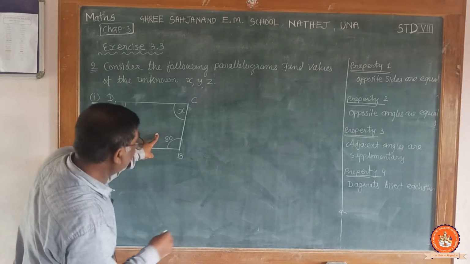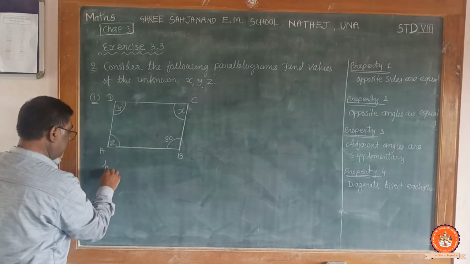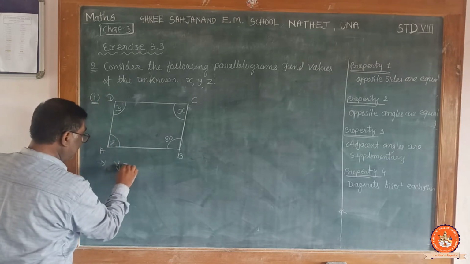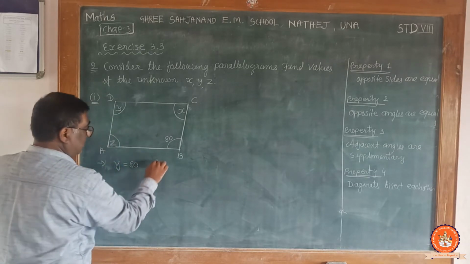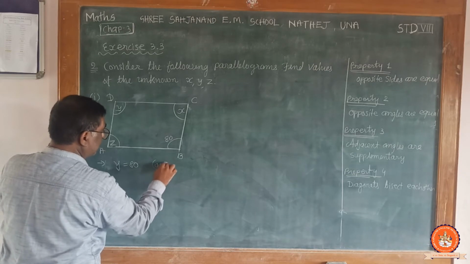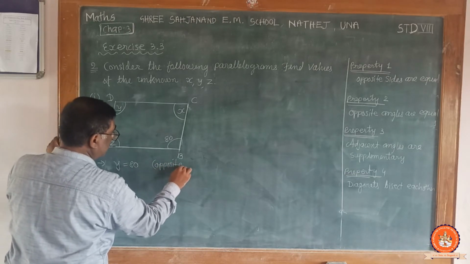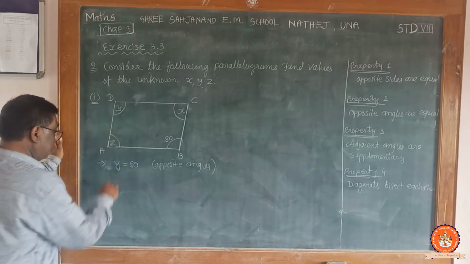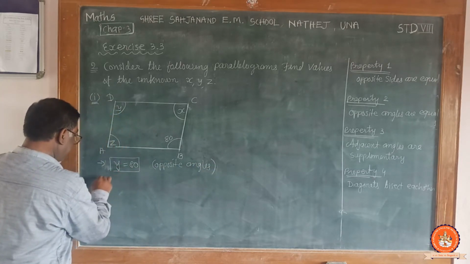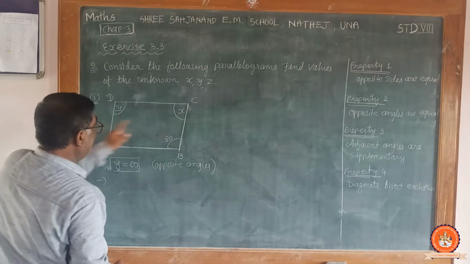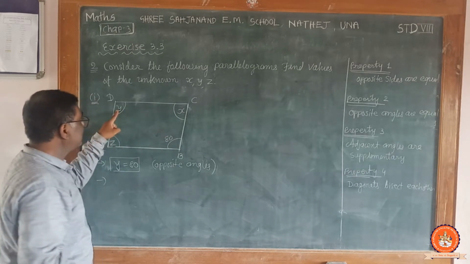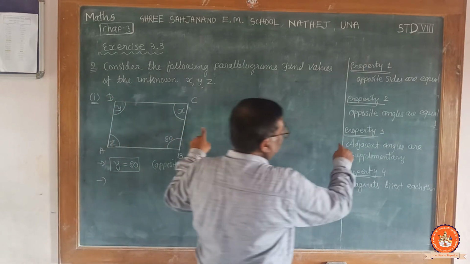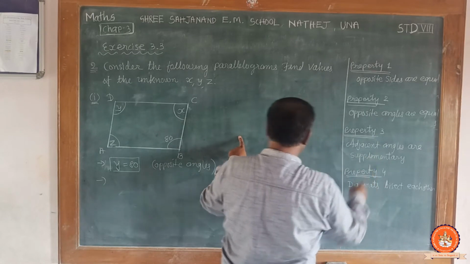So y, D and B are opposite angles, and opposite angles are equal. So here y is equal to 80. Opposite angles of a parallelogram are equal. That's why y is equal to 80. Now x and y are adjacent angles, and adjacent angles are supplementary.